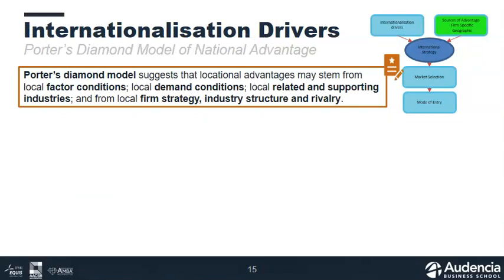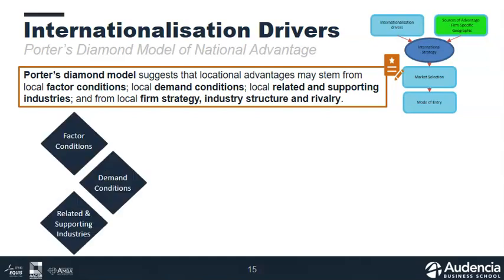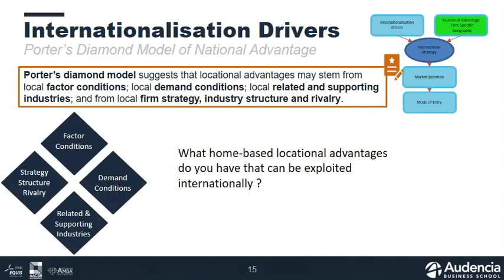Again, what Porter was trying to do here was to investigate to what extent countries offer firms a certain advantage because the firm is in that country. Porter's model suggests that locational advantages may stem from local factor conditions, local demand conditions, related and supporting industries, and from local firm strategies.